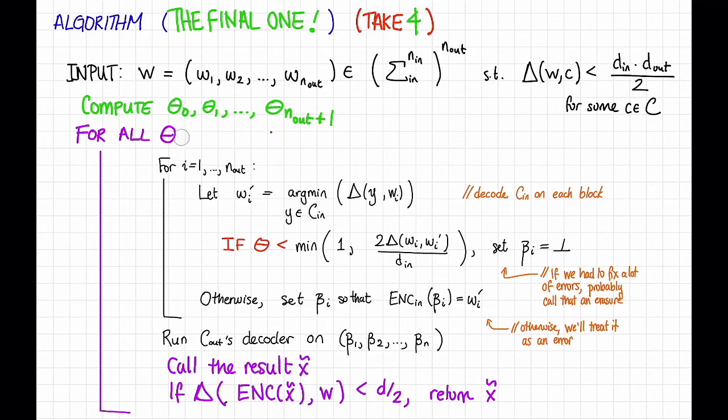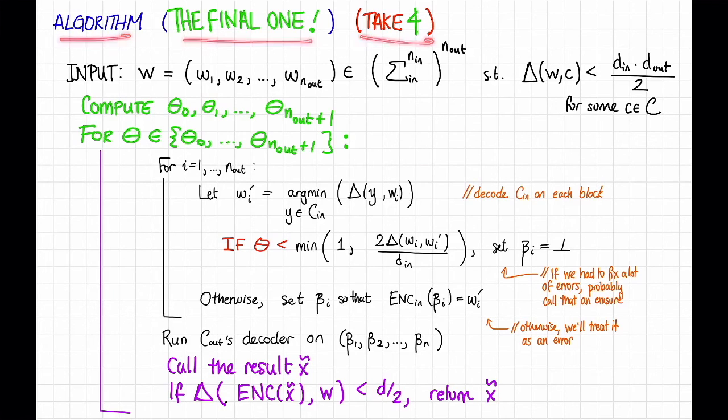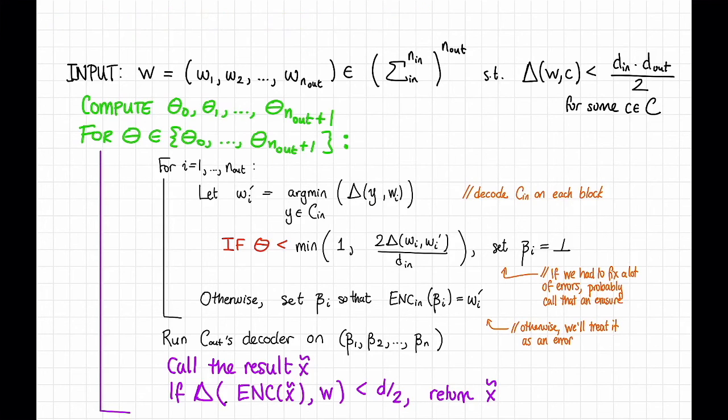And then instead of exhausting over all of those thetas, we'll just loop over the ones that we computed. And then everything else is exactly the same. So this is our final algorithm. As written right now, it's called "algorithm, the final one, take 4," but actually it has a name. This is called Forney's Generalized Minimum Distance Decoder.